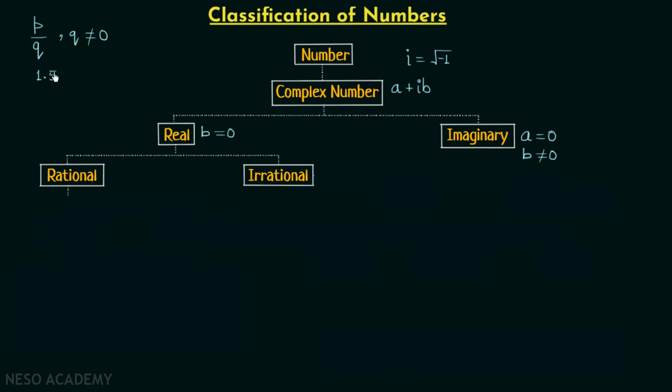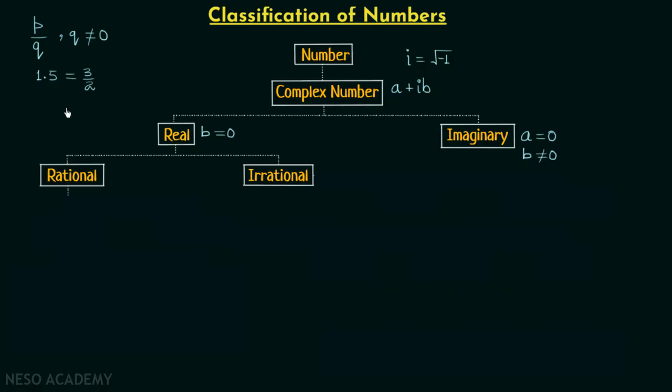We have just a single number in the decimal place. So we can say that the decimals are terminated in this form, and this we can write as p over q. We know 1.5 is equal to 3 over 2, which is in this form. So this is the example of terminating decimal form of a rational number.